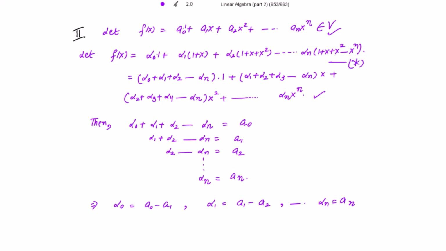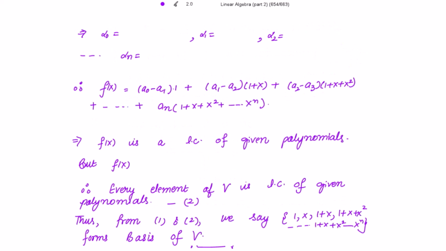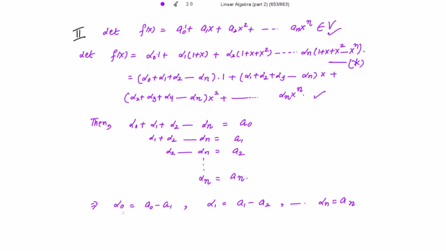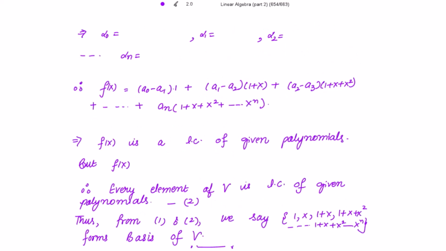Let me write the expression for f of x as star. I'm substituting these values in star. Let me write the values again: alpha naught is a0 minus a1, alpha 1 is a1 minus a2, alpha 2 is a2 minus a3, and alpha n is an only.